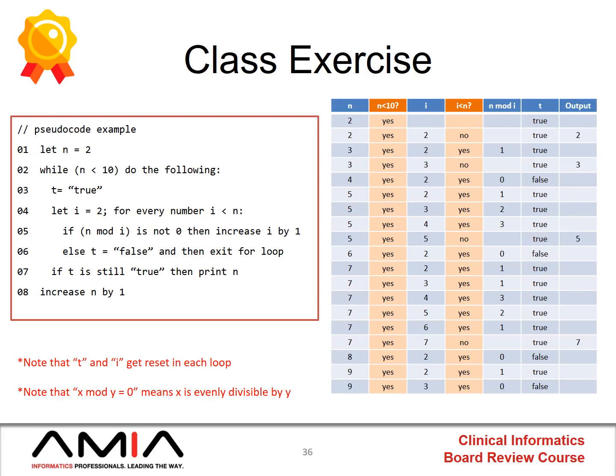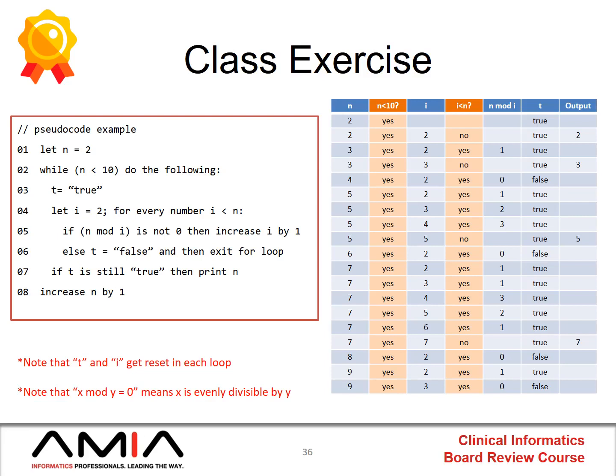And so think about what it means if n mod i is equal to 0. That means n is evenly divisible by i with no remainder. And if it's divisible by something, then it's not prime, right?